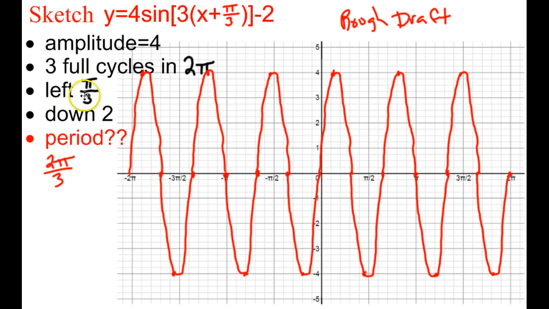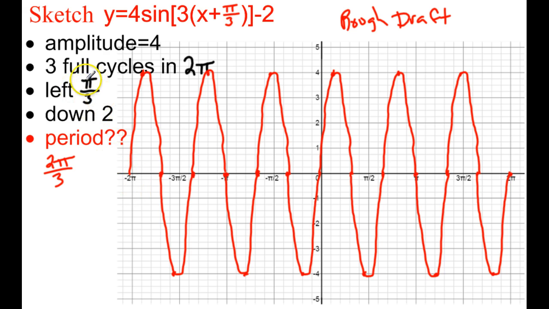My last two values, the shifting, I'll do by indicating some key points on my graph. When I think about the fact that I have to shift left here, pi over 3, that means that this was negative 2 pi, which is essentially the same as negative 6 pi over 3.